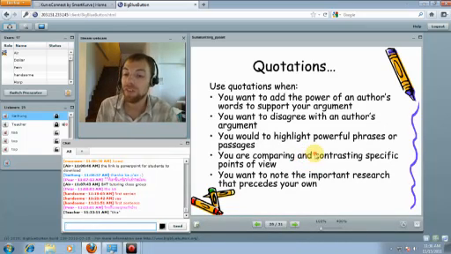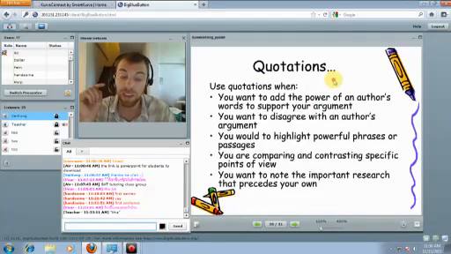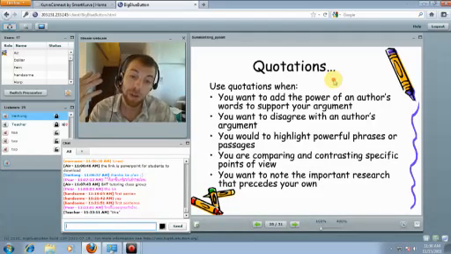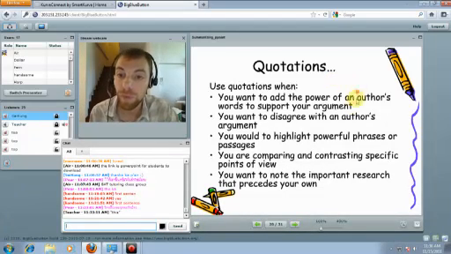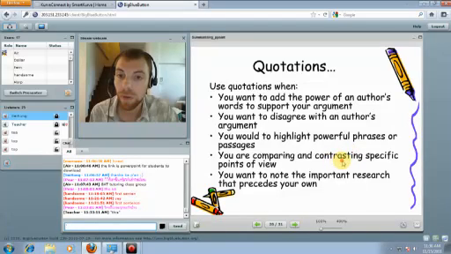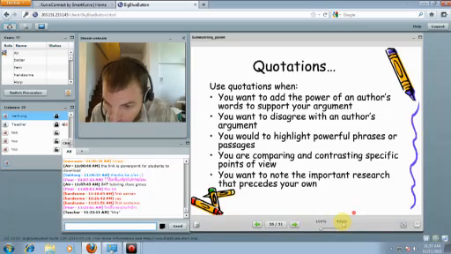Tell where you get the information for a quotation, because a quotation is not your idea. It's someone else's idea that can help your point, your main idea. And next slide.